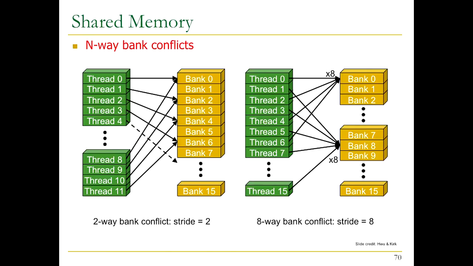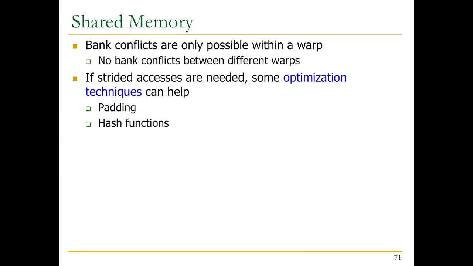How can we avoid these bank conflicts? In yesterday's lecture, Professor Mutlu explained that one possibility was using hash functions, right? Well, if this is implemented in hardware, it's okay for the programmer.